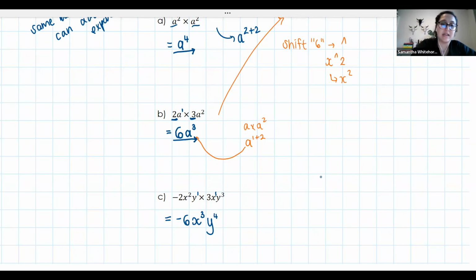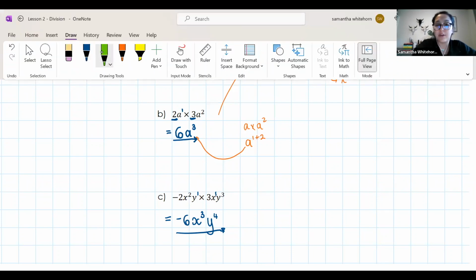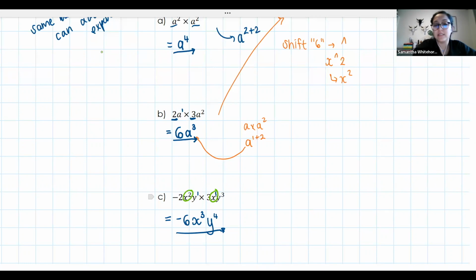Perfect, well done. Okay, guys, so again, if we apply our SNV here, negative times a positive is a negative. So that is why Shana gave us a negative answer. 2 times 3 is 6, giving us the product of our coefficients. And then we need to remember those variables. Looking at the x's, remember we have to work with the same bases.